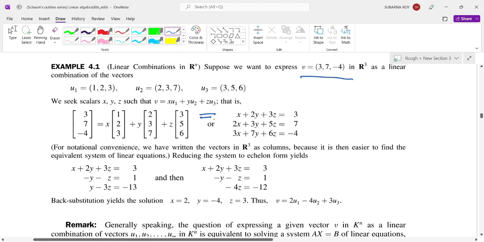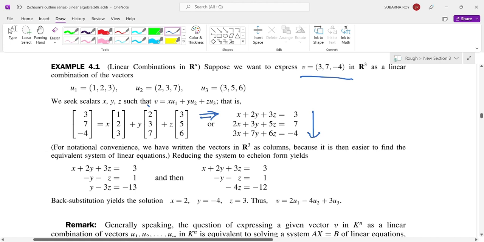From this we get a system of three linear equations. By applying the Gauss elimination method, you can find the solution of this system. If there exists a solution for this system of linear equations, then we say this vector V can be written as a linear combination of these three vectors U1, U2, U3.